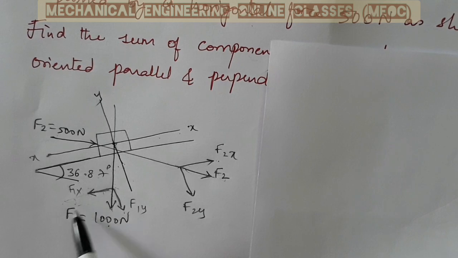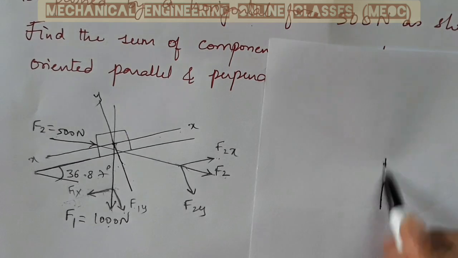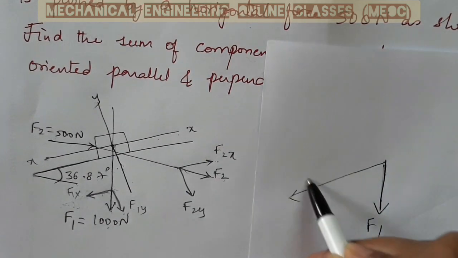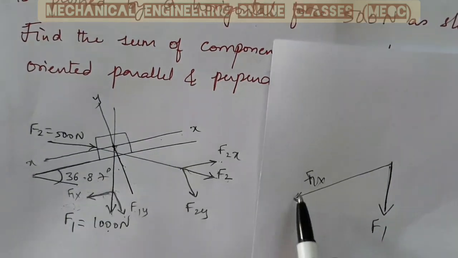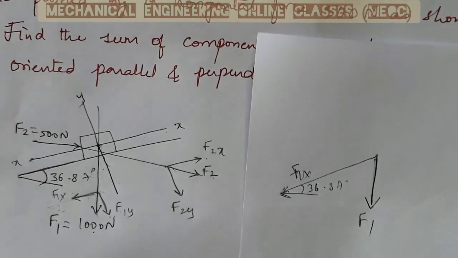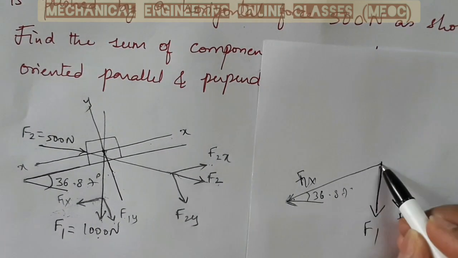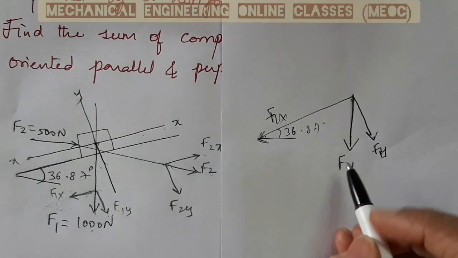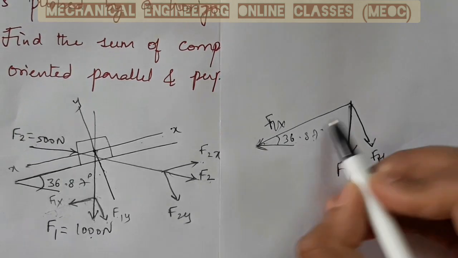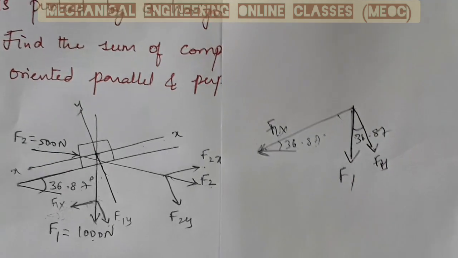Now let us find F1x and F1y. This is F1, vertically downward. F1x is along the incline, and we know that this angle is 36.87 degrees; we found this. And now F1y is somewhere like this, perpendicular to the x-axis.